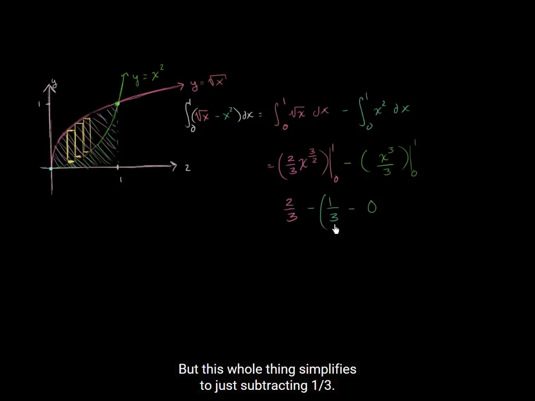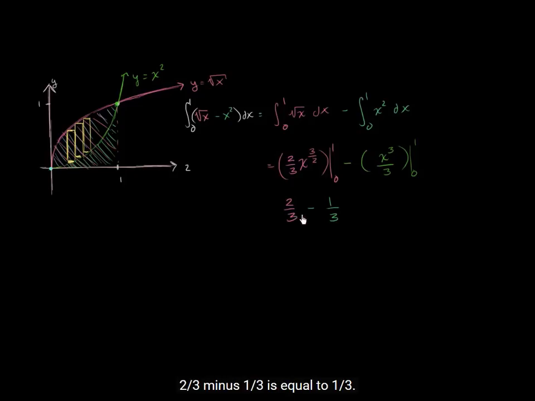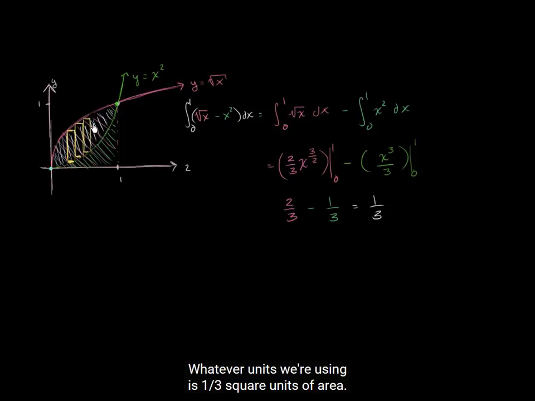But this whole thing simplifies to just subtracting 1/3, and there you have it. We get our answer. 2/3 minus 1/3 is equal to 1/3. So this area right over here, whatever units we're using, is 1/3 square units of area.